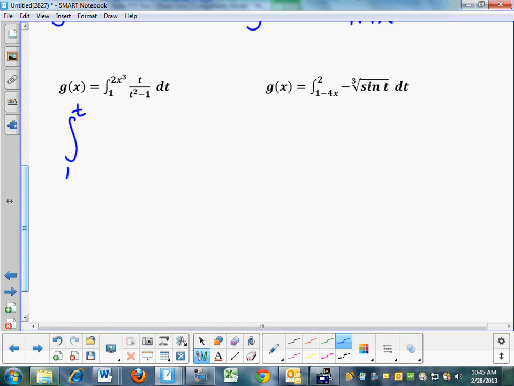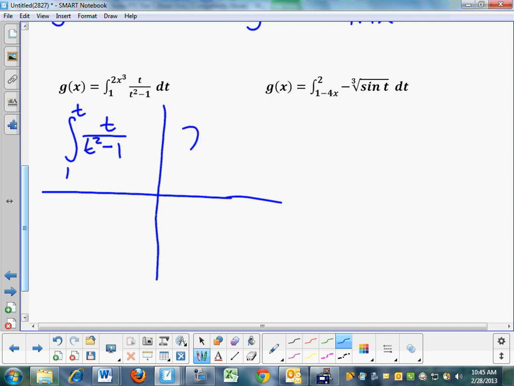We're going to use that as our substitution variable of t squared minus 1. I'm setting up my graphic organizer here. I use my substitution, or my inside piece is 2x to the third.